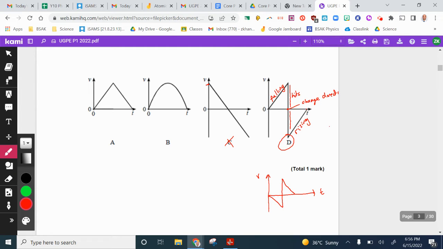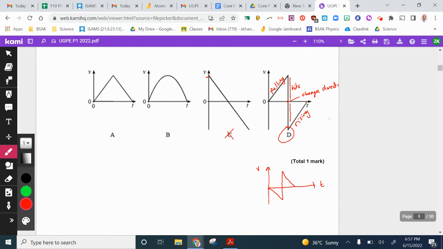So often you'll see it in reverse order. In this scenario, the key thing is identifying the change in direction and the change in value of the velocity.